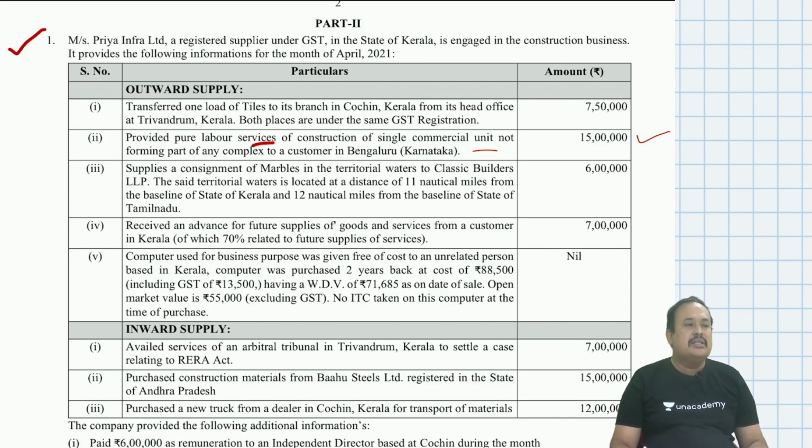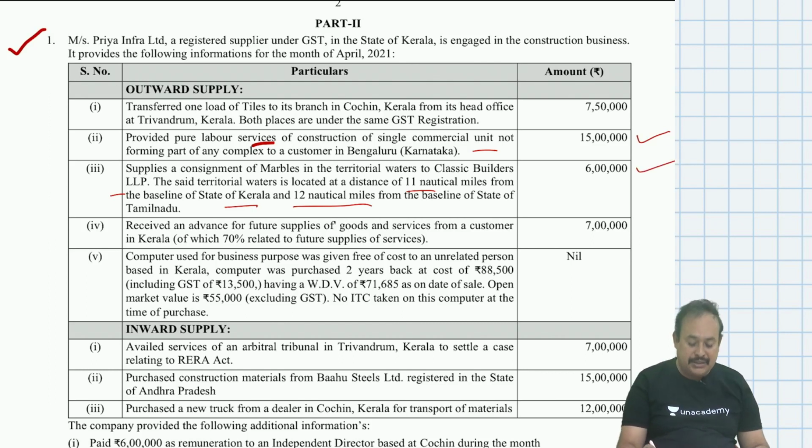3. Supplies a consignment of marbles in the territorial waters to Classic Builders LLP, a Limited Liability Partnership firm. The said territorial waters are located at a distance of 11 nautical miles from the baseline of the state of Kerala and 12 nautical miles from the baseline of the state of Tamil Nadu.